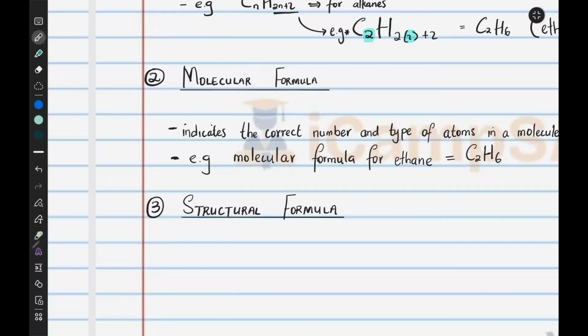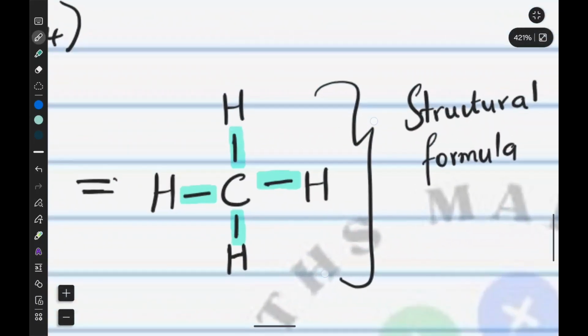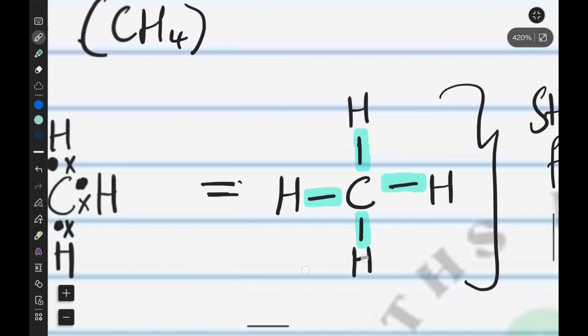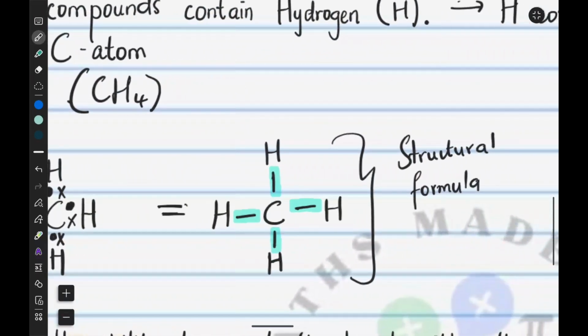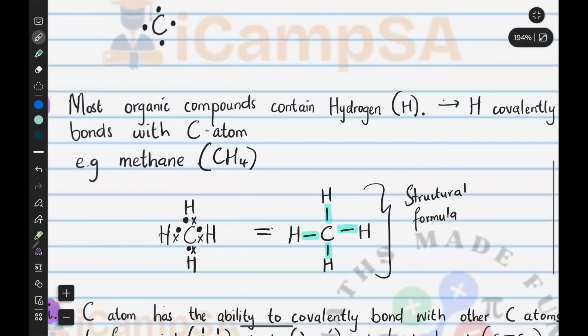It also shows us the type of bonds involved in that organic molecule, so we use these lines. For instance, if you remember our structural formula here, we were able to show how these hydrogen atoms are attached to the carbon atom. At the same time, we were also able to show the type of bonds between the carbon and the hydrogen atoms. All right, so that's the main purpose of a structural formula, right?